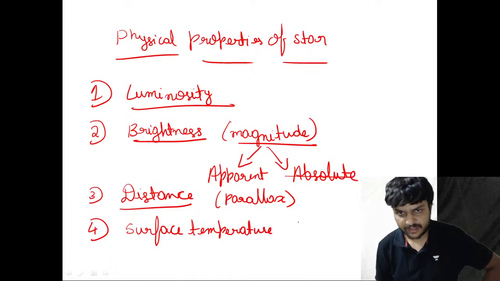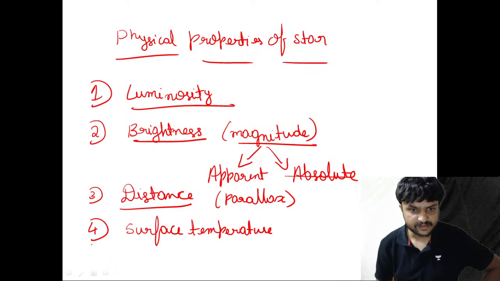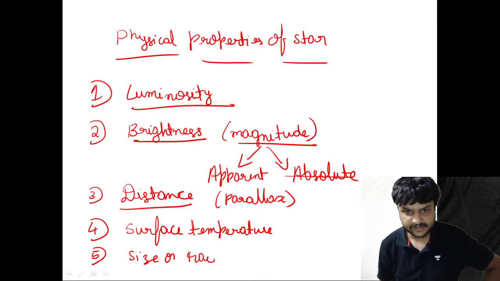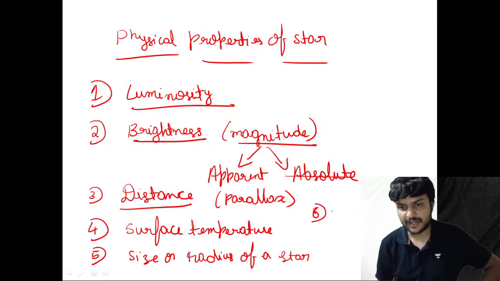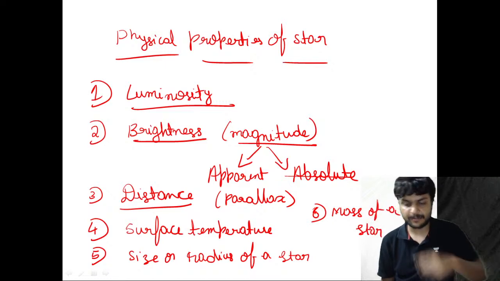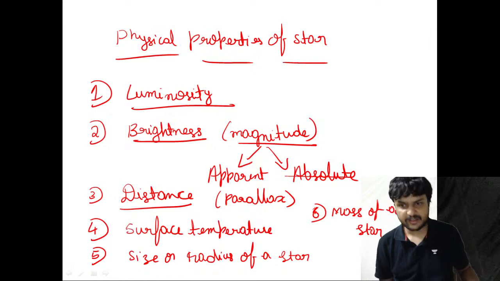And we are going to look at the size of the star, or you can call it the radius of a star. And also we are going to talk a little bit about how we find the mass of a star. So this will be the basic introductory part of how these things are going ahead.